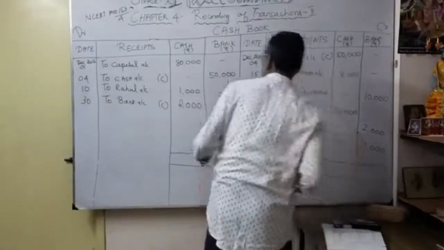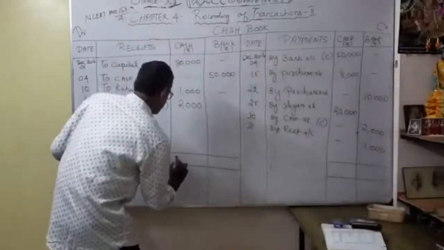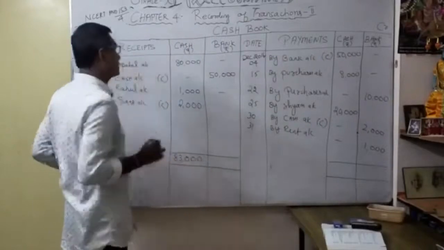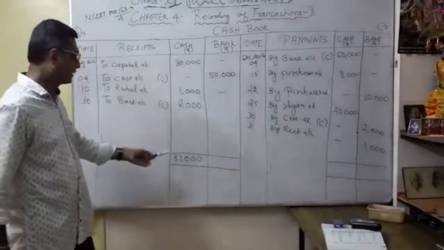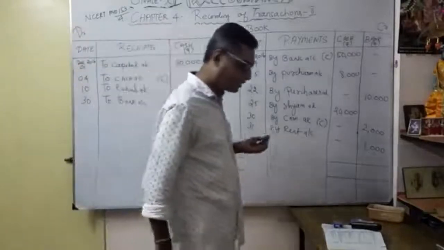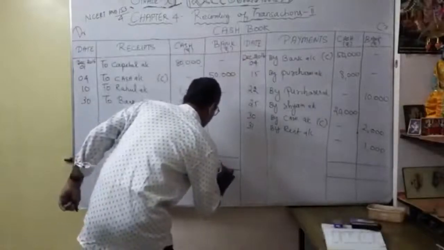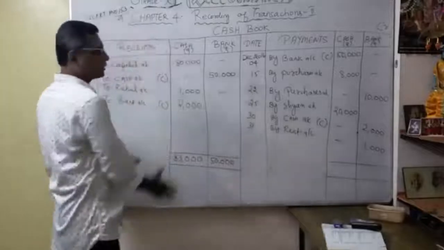So first we will verify what the total is. Usually we can do it: 83,000. The total column of the debit side receipts in the cash column is 83,000. In the bank, only one transaction, so 50,000. So our total part is over.